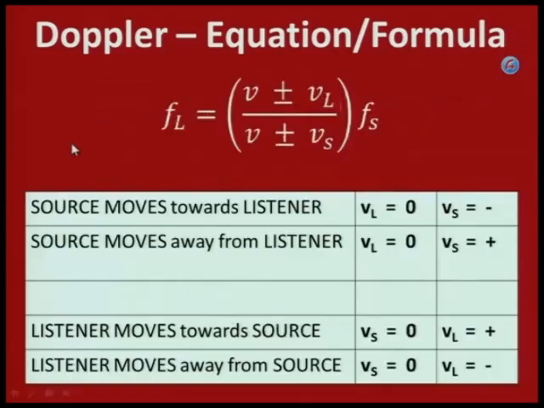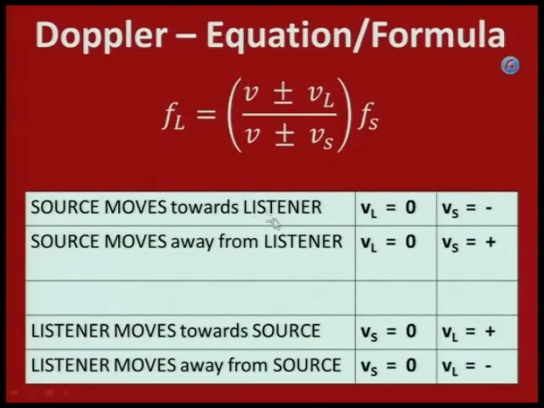Now, this is very important. This plus minus sign here, you need to choose when VL is positive or negative and when Vs is positive or negative. If you just study this table, you will never get it wrong. Remember, we have one situation where the listener is stationary and one situation where the source is stationary.